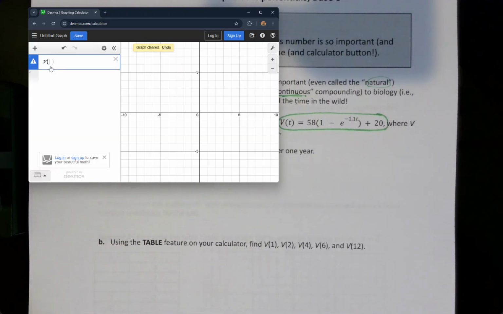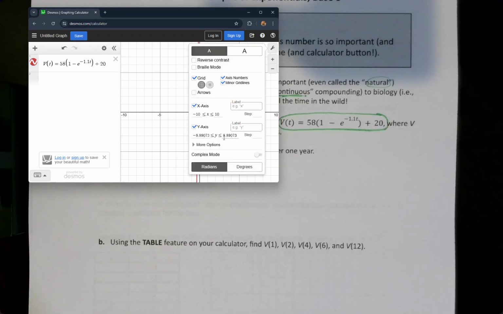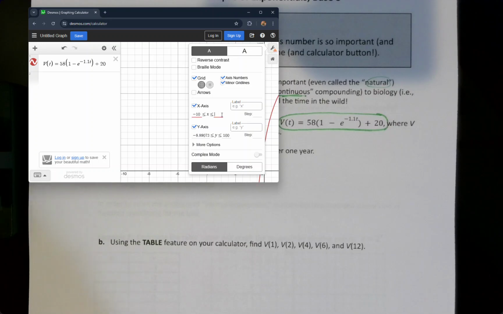So this function, V of t, is equal to 58 times (1 minus e raised to the negative 1.1t) plus 20. Need to rescale this just to increase that height here, make it 100 to start. And I probably want to increase time as well. Think about this in terms of months. Let's go for 2 years. So let's go for 24.